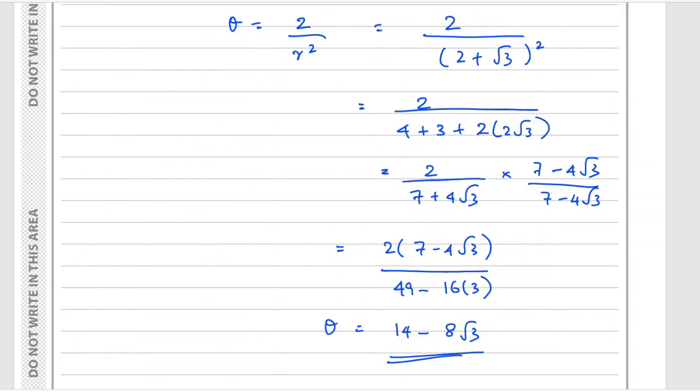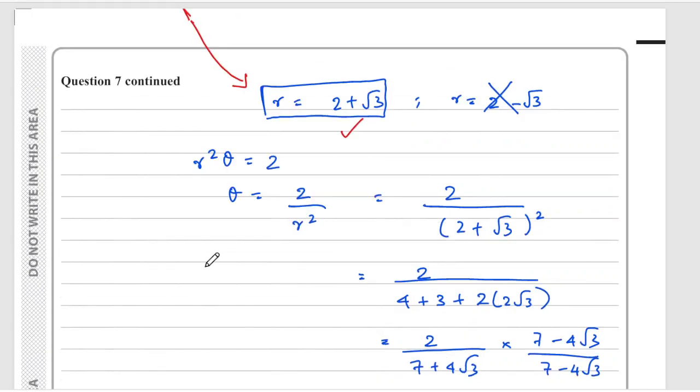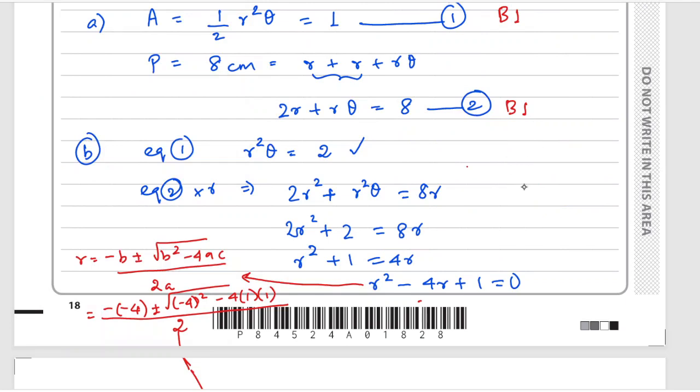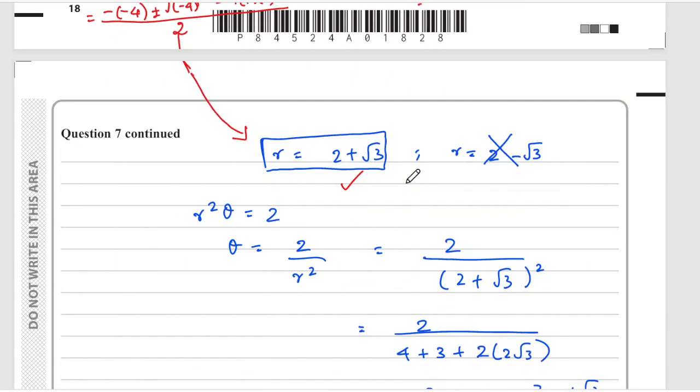Okay. So the two values of r and theta we have already obtained. Now I'll explain the marks division. The first mark goes for finding the correct expression in terms of r and theta, one expression for this one and one for the other. If you solve it correctly, with the correct method and the correct value, you'll get an A1 mark.